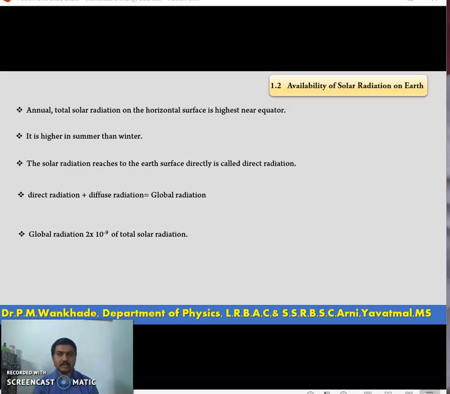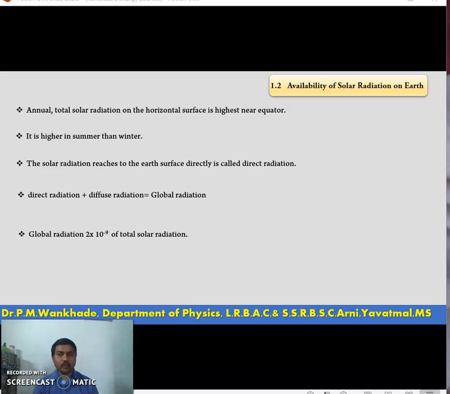Solar radiation reaching the earth's surface directly is called direct radiation. The sum of direct radiation and diffuse radiation is known as global radiation. I again repeat the definition of global radiation: the sum of direct and diffuse radiation is known as global radiation.